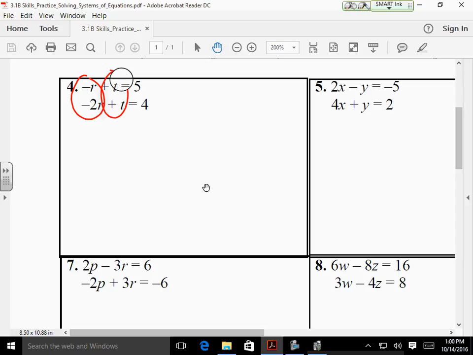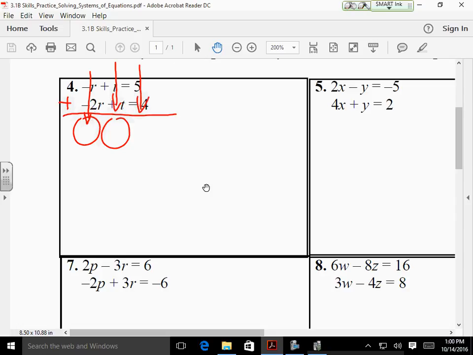So what we're trying to do is add the two equations together. I add vertically, the r terms together, the t terms together, the constants together, but I need either here or here to become 0 when I add.